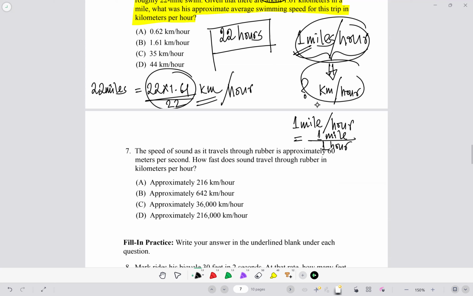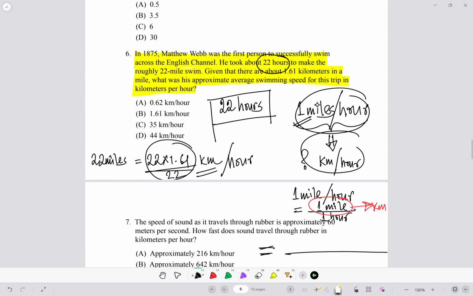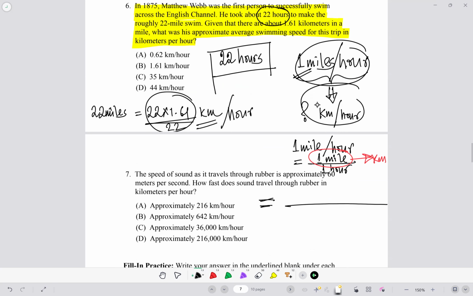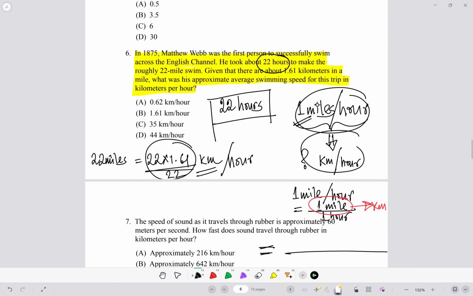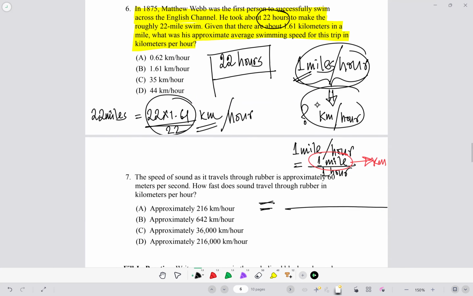And now we are interested in converting this mile into kilometers. We know that 1 mile equals 1.61 kilometers.